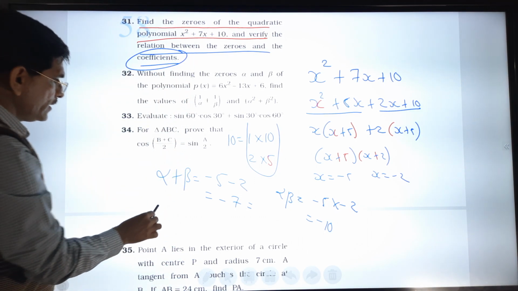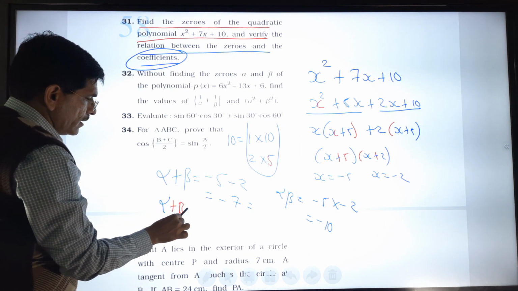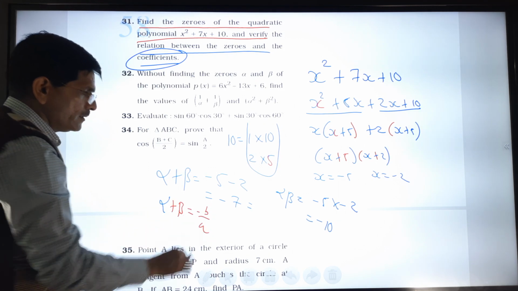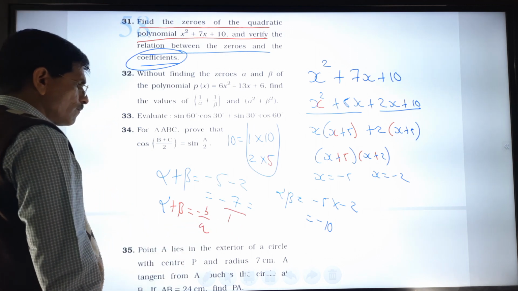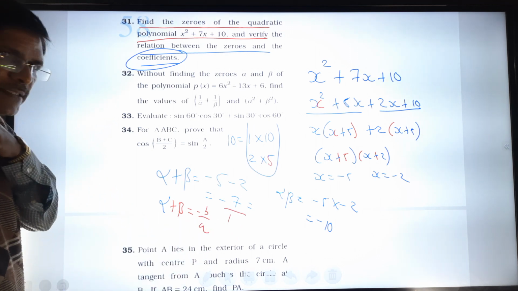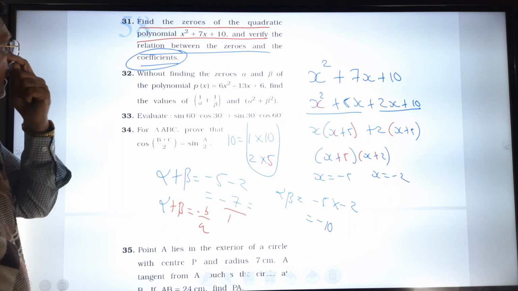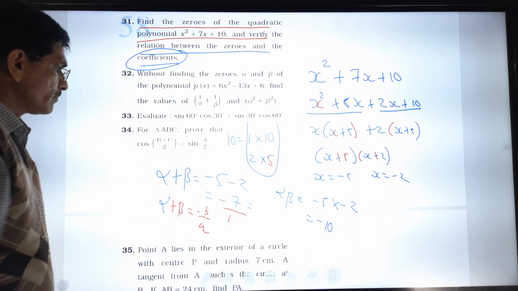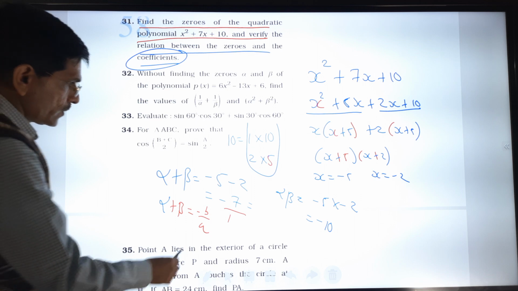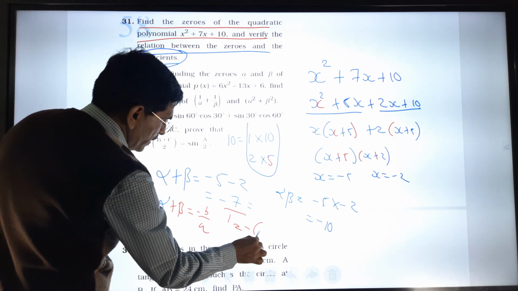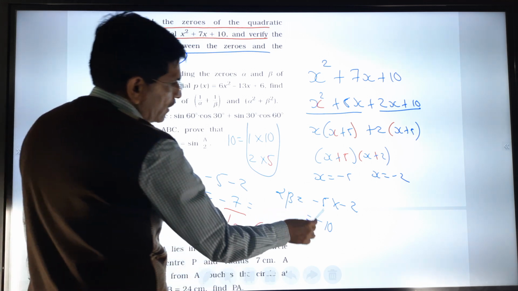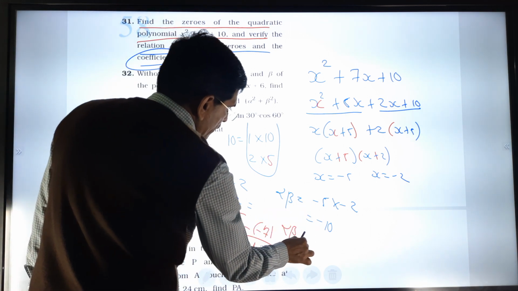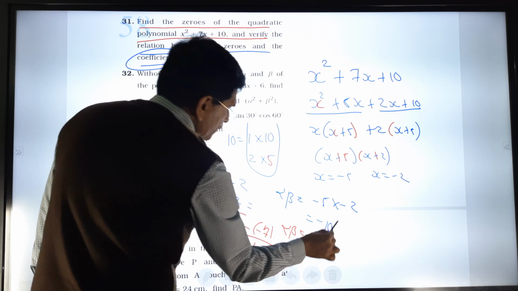You will see that alpha plus beta is equal to minus b by a. If I write 1 here, then we get the value of b is equal to 7. So here x square plus 7x plus 10. We can write minus b, minus 7 upon 1. Same thing, alpha into beta, we know the product is c by a.